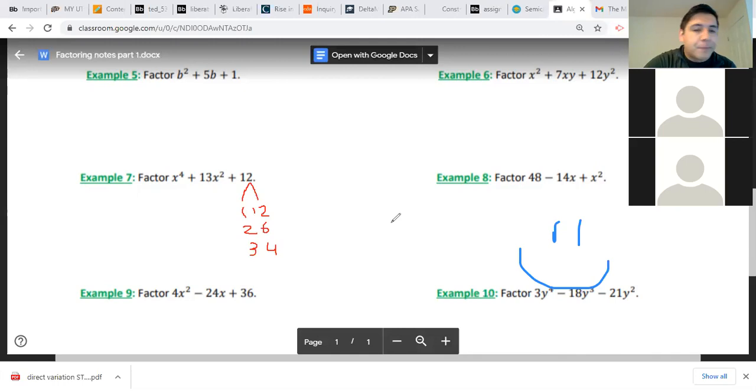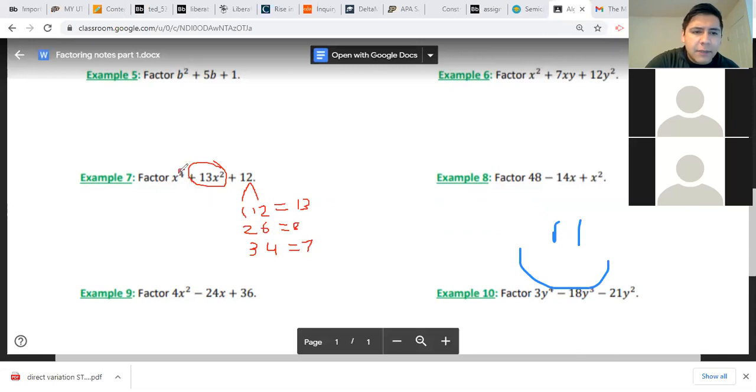And I believe that's it. So these are our factors of 12. Now, which ones are going to add up to that positive 13? 1 and 12, right? These add up to 8. These right here add up to 7. Okay, so 1 and 12.